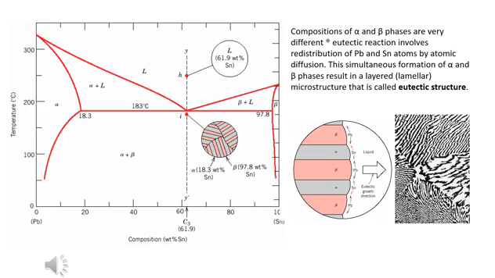Eutectic reactions involve redistribution of the metals, in this case your lead and your tin. This leads to a layered structure as shown in the figure.